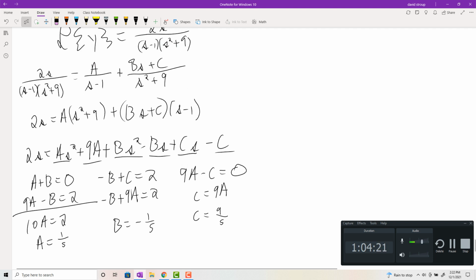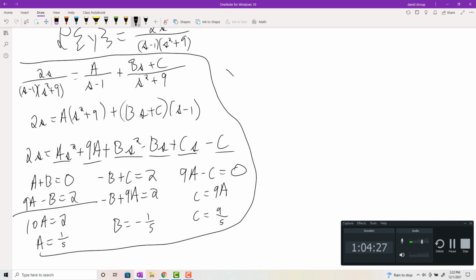Okay, so quarantine all that off. Now I'm looking for y equals Laplace inverse of a 1/5 all over s minus 1 minus, and you always want to kind of split these up, right?